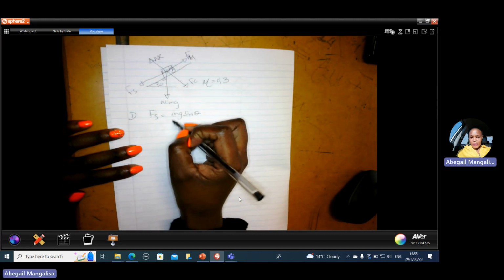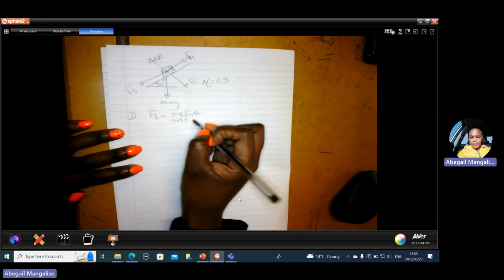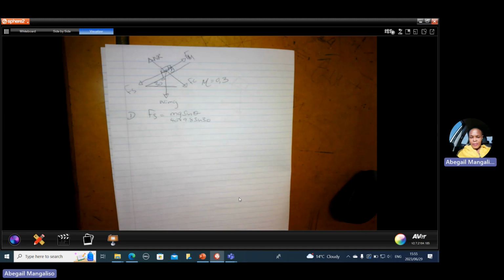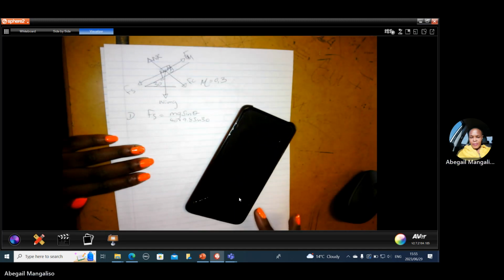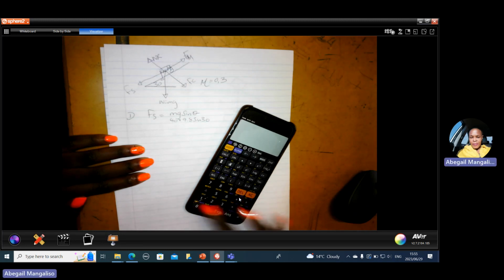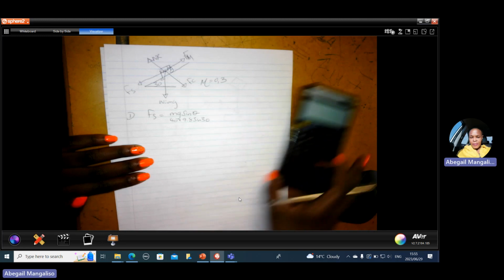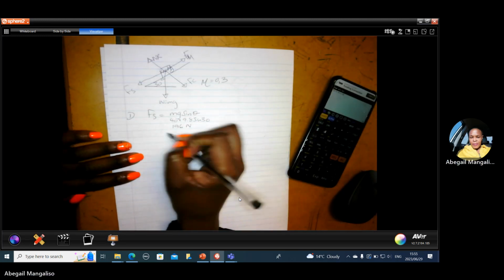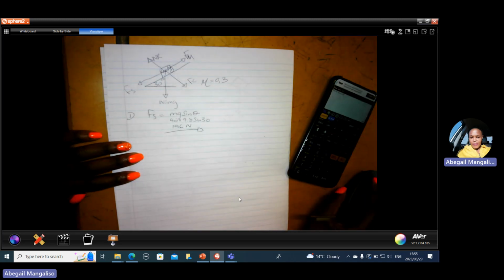So m is 40 times 9.8 sine of theta. Then you use your calculator to get the answer. It's 40 times 9.8 sine of 30. The answer is 196 newtons. That is the answer for the first question.